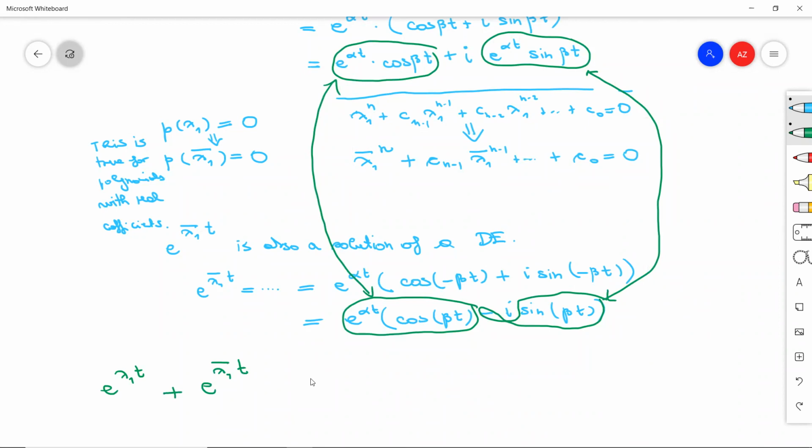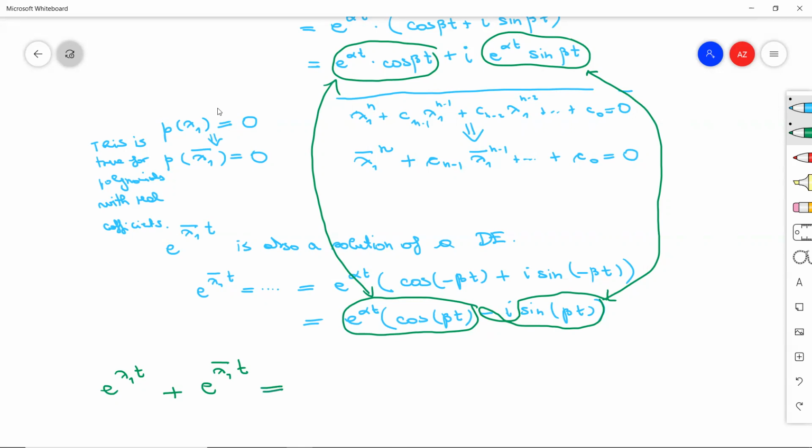What about their sum? Does the sum also solve our ODE? Yeah, because we have a homogeneous one. So we started with a homogeneous equation here. If we have two solutions, then every linear combination of solutions also solves the ODE.